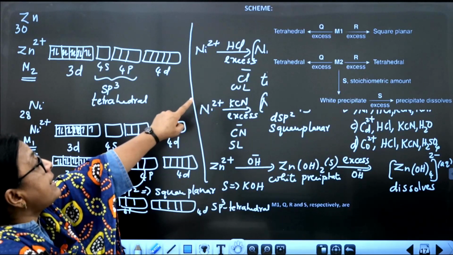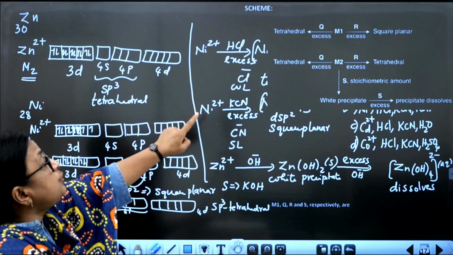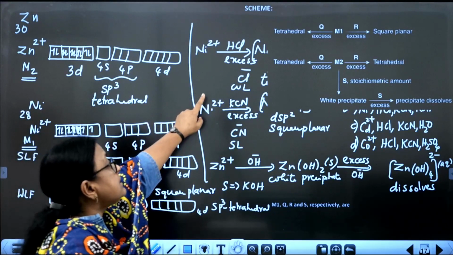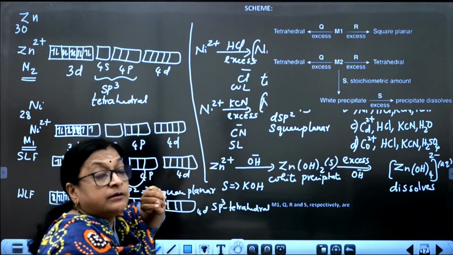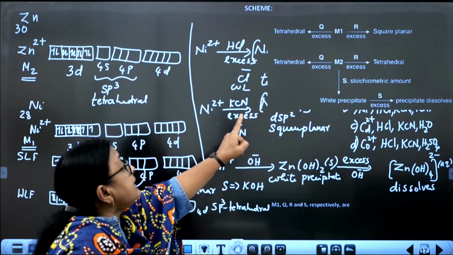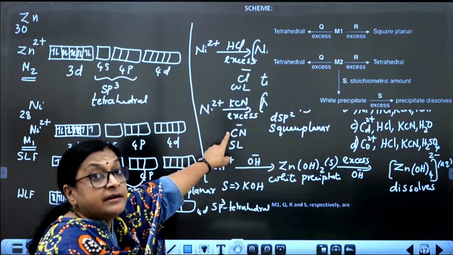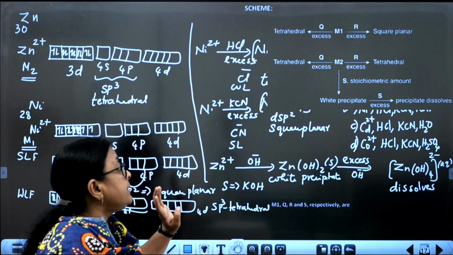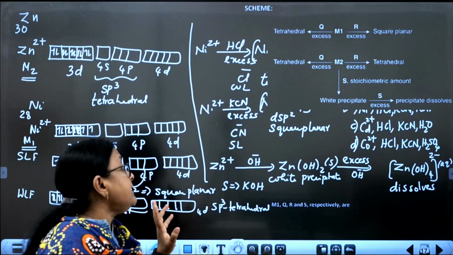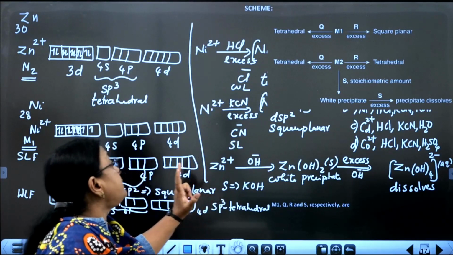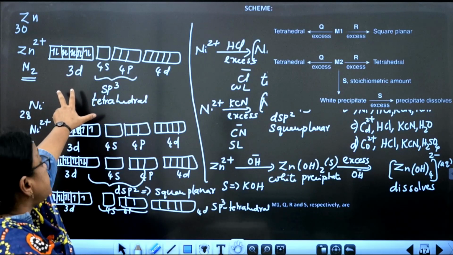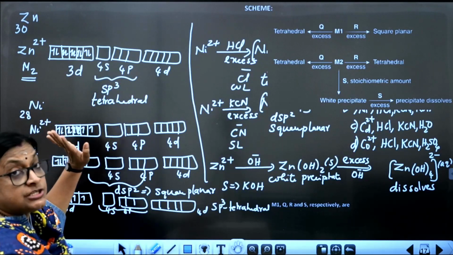So, if Q is giving tetrahedral, Q must be something that provides a weak field. HCl is possible, which will provide chloride, a weak ligand. And if the same is forming a square planar, it can be KCN because cyanide is a strong ligand. Coming to M2, whether it is HCl or KCN, if it is Zn2 plus, it can form only a tetrahedral complex because Zn2 plus is a d10 system.